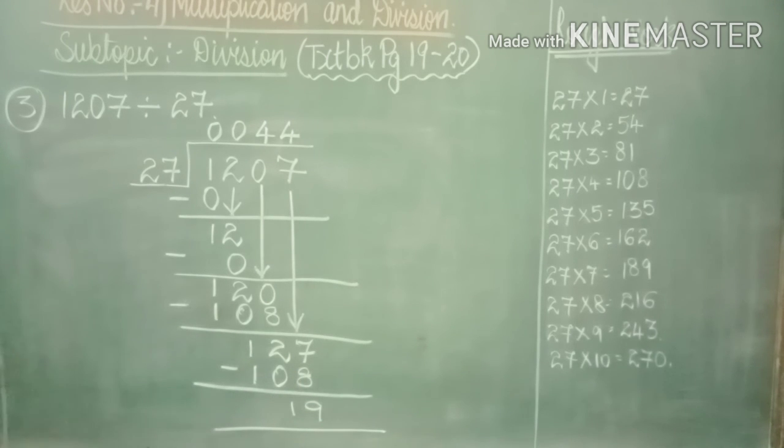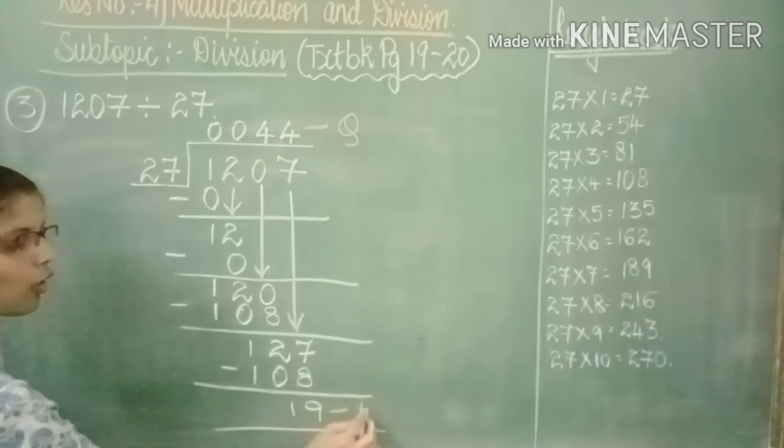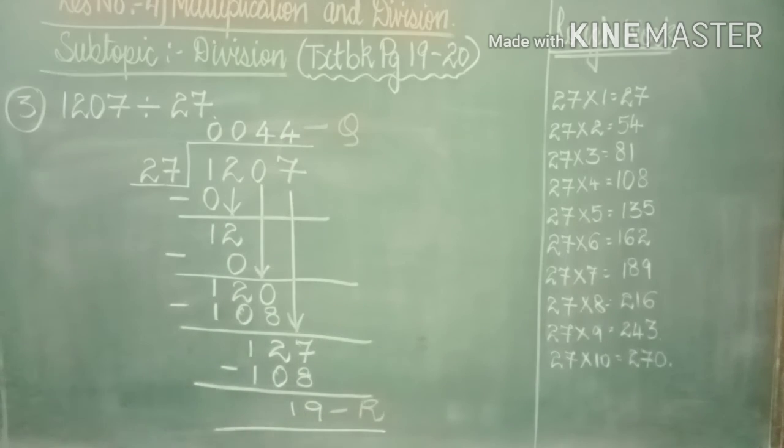Okay. So we have to write down what is the quotient and what is the remainder. As you can see, this part is called the quotient. This part is called the remainder. We will be writing in the answer.